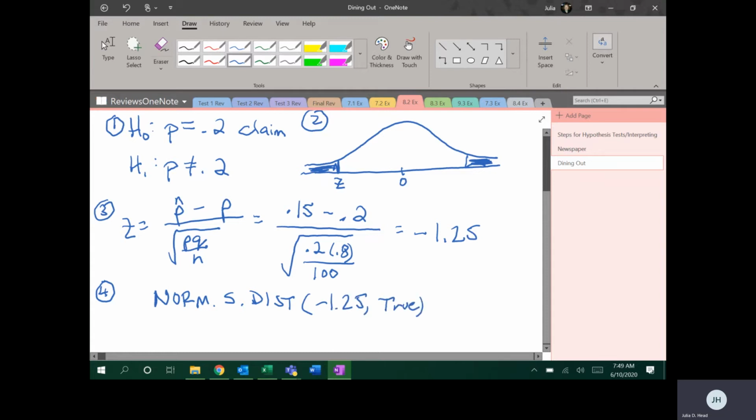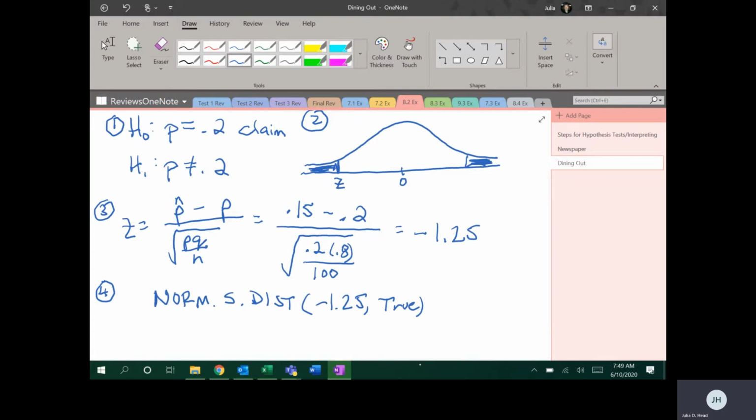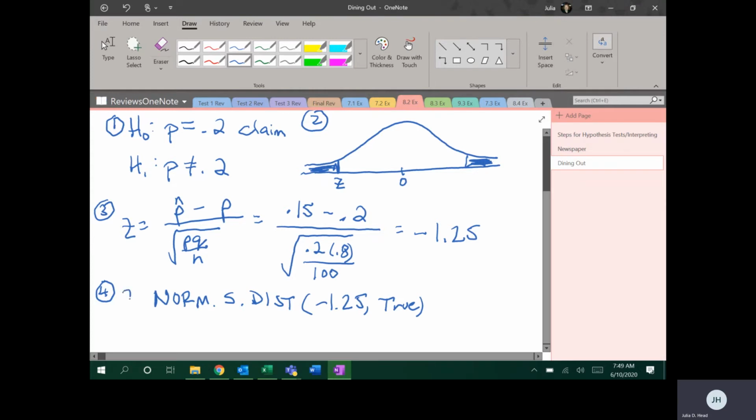But we're supposed to be calculating the area of the entire shaded region, not just the left tail. And since the two tails are supposed to be the same size, all we have to do to calculate it is to do 2 times norm.s.dist.